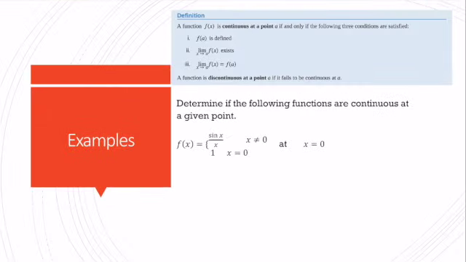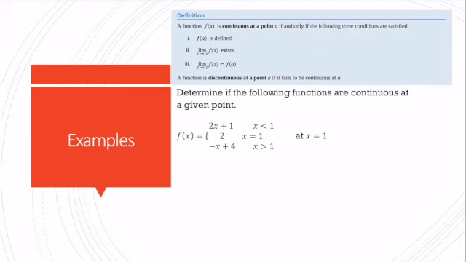All right, next case. Let's say f of x is 2x plus 1 when x is less than 1, 2 at x equals 1, and negative x plus 4 when x is greater than 1. Is f of a defined? Yes. f of 1 is 2. Does the limit as x goes to a of f of x exist? Well, let's take a look.